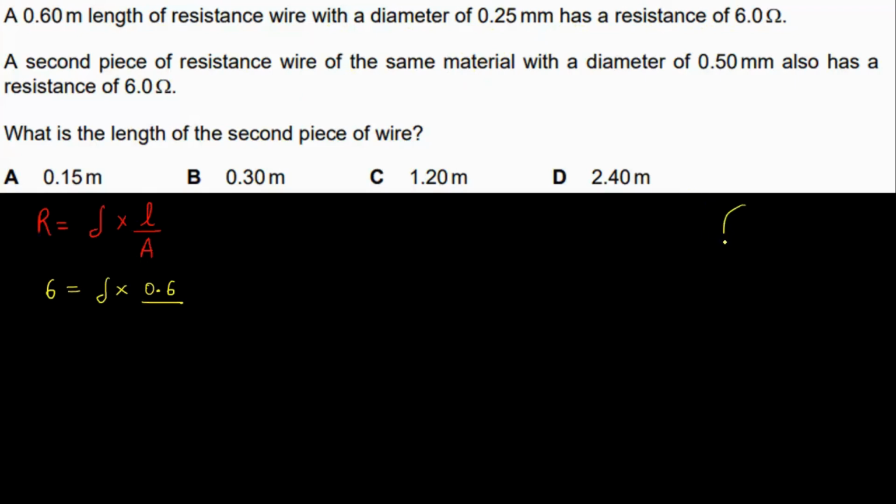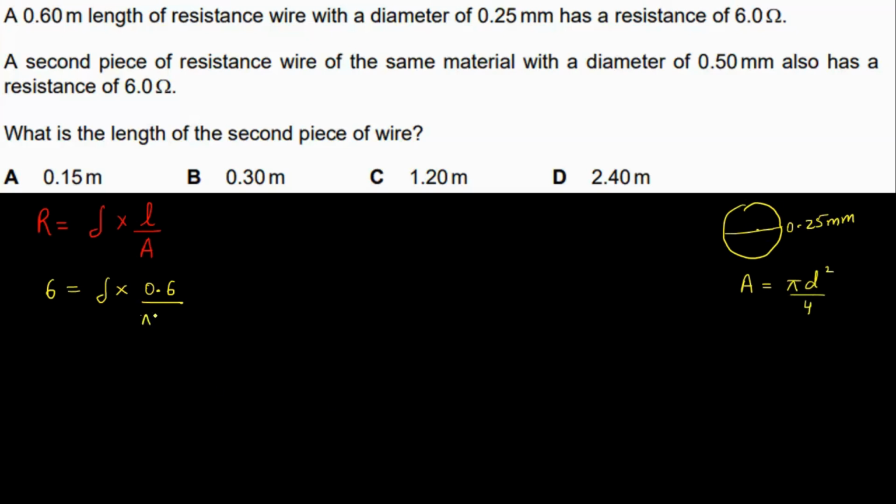So we take a circle whose diameter is 0.25 mm. So we know that the cross-section area is equal to pi d square by 4. D is the diameter of the circle.